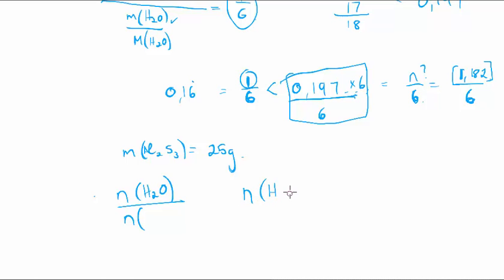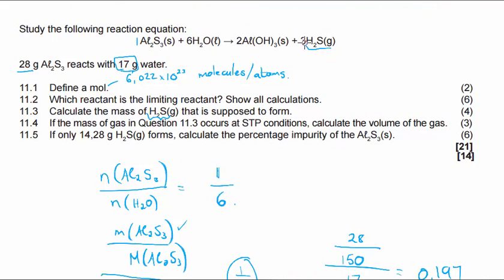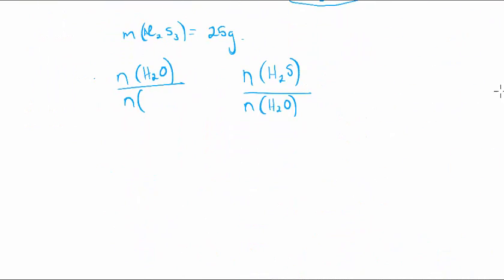The number of moles formed of H2S divided by the number of moles of water used is equal to, now we go up, 3 formed, 6 used. So 3 moles is formed for every 6 moles used.